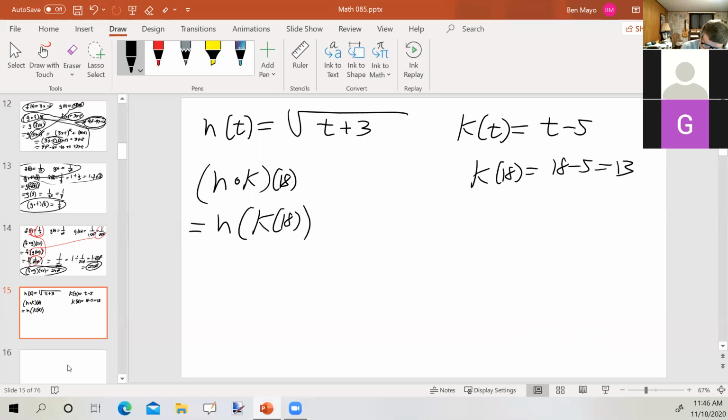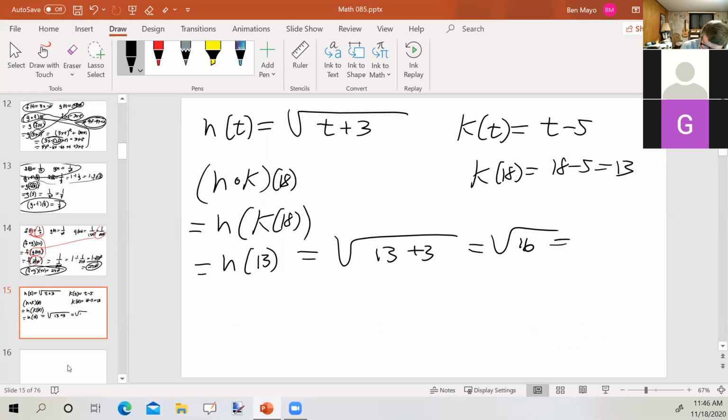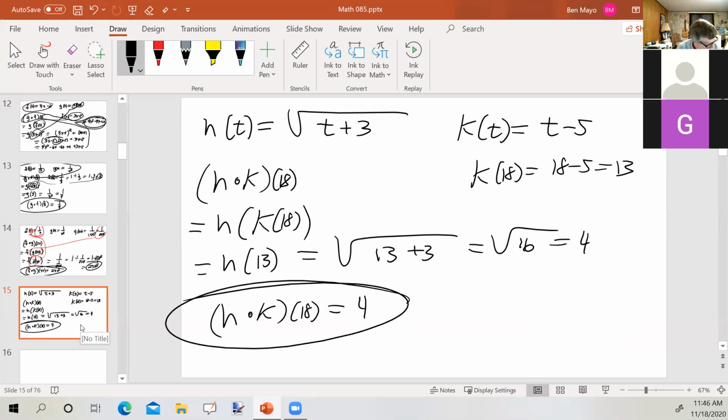So h of k of 18 equals h of 13, which is the square root of 13 plus 3, or the square root of 16, or 4. So h composed with k of 18 equals 4.